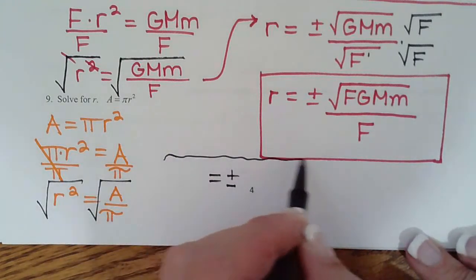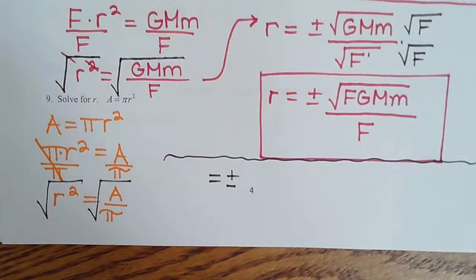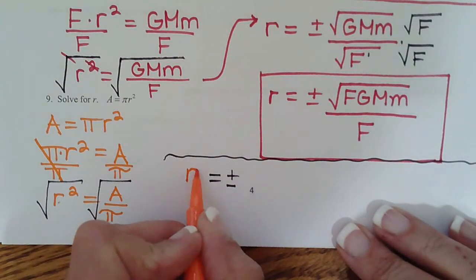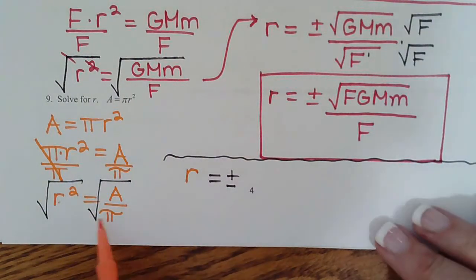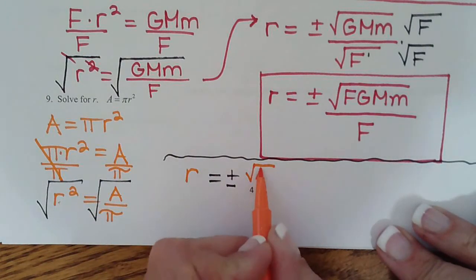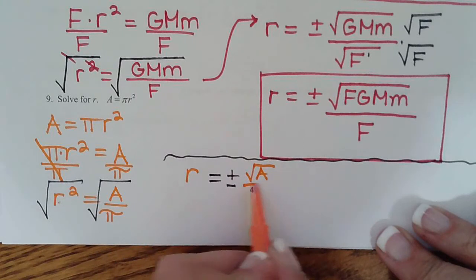I'm going to put a little line here so these don't run into each other. So the square root of r squared is 2 r's come out as a single r. We got our plus or minus there. These don't have anything in common, so let's split them up into square root of A over square root of pi.